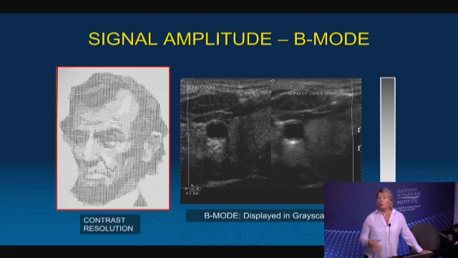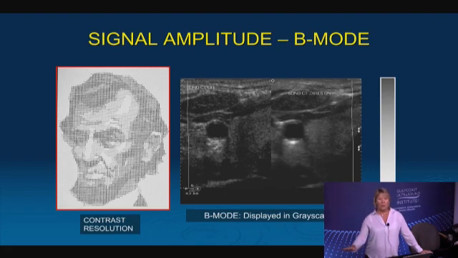The more contrasty your image, the better edge detection you have. So typically the equipment manufacturers have set their grayscale settings, when you tell it what you're going to do, based upon the type of structure that you're going to be predominantly scanning. So if it's cardiac or vascular, you want to have really good edge detection. So on those exams, you're going to have a little more contrasty image.